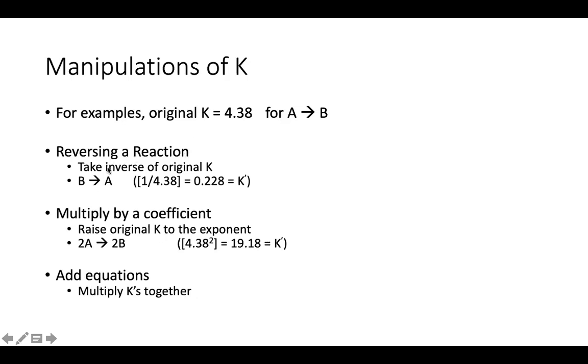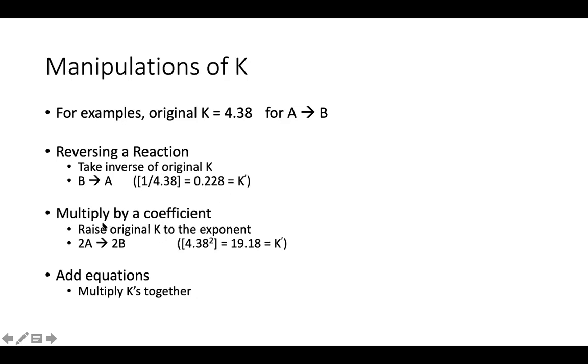If we want the equilibrium constant for the reaction B goes to A, we take the inverse of our old K. So our new K for B goes to A would be 1 over 4.38, which is equal to 0.228. That would be our new K value.